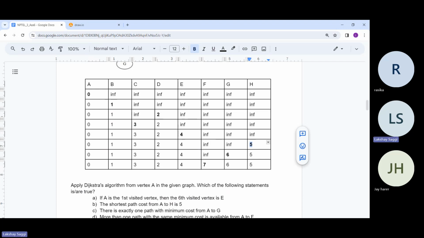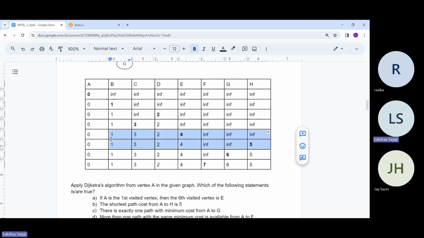I hope everyone understands why I'm saying that H is actually the sixth vertex. So this statement will be incorrect: A was the first, but H is the sixth. E is actually the fifth visited vertex because it is marked bold in the fifth row.